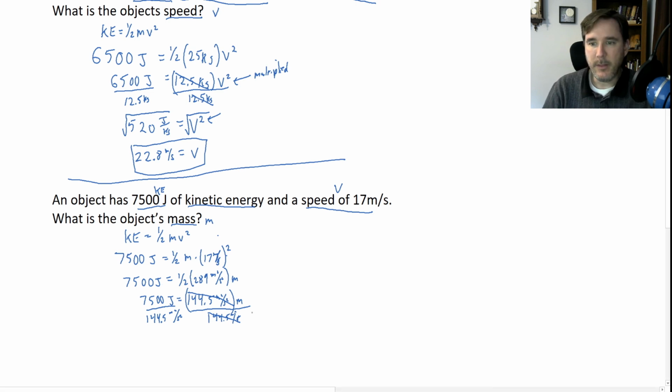And it turns out that that is 51.9. And the units are going to cancel out to be just kilograms in the end if we unpack it. Don't worry about necessarily how we got that, but it does. And so mass is 51.9 kilograms.